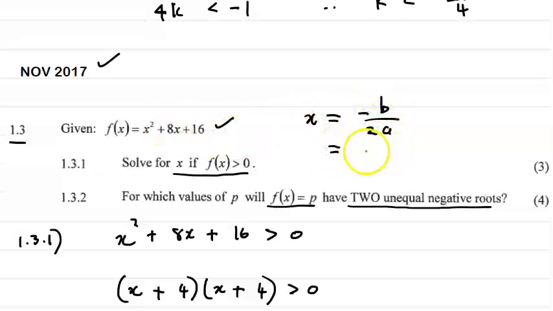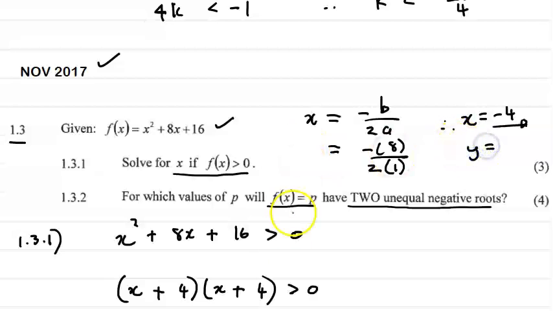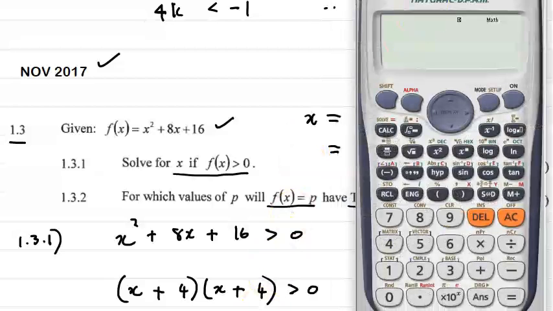That will be minus 8 over 2 times 1. So the axis of symmetry, the x value, will be x equals minus 4.